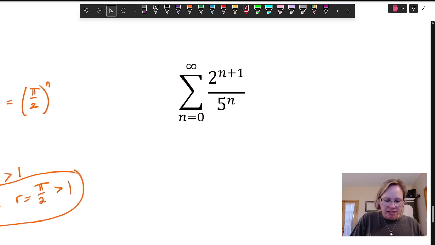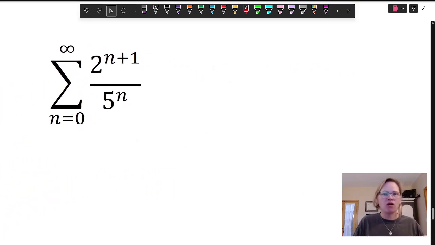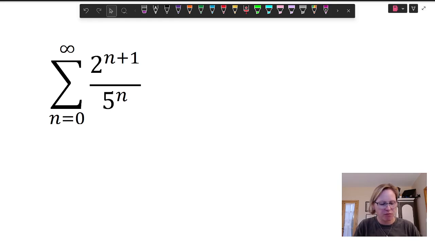Let's look at one last series here. So here I've got something that's not quite geometric the way that we have been seeing geometric things, but this is actually a geometric series. And sometimes we have to be on the lookout for ways to make something geometric.